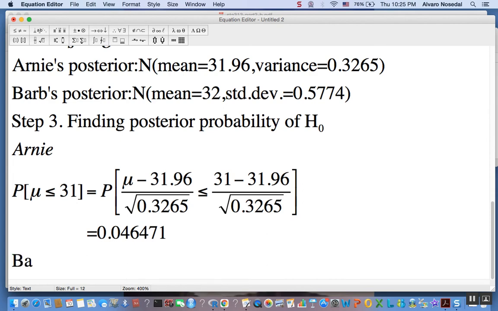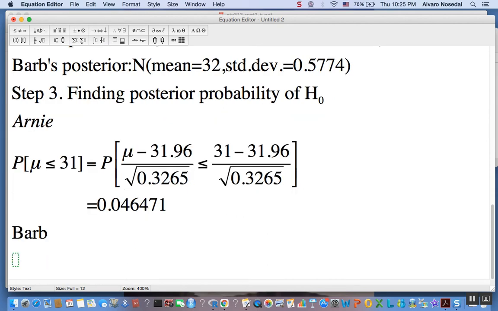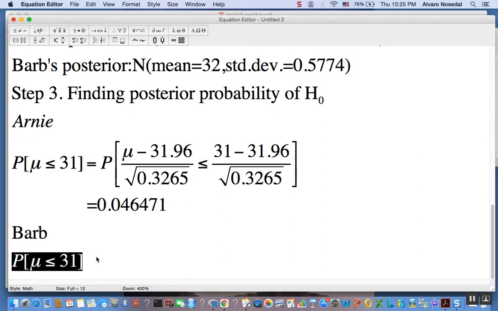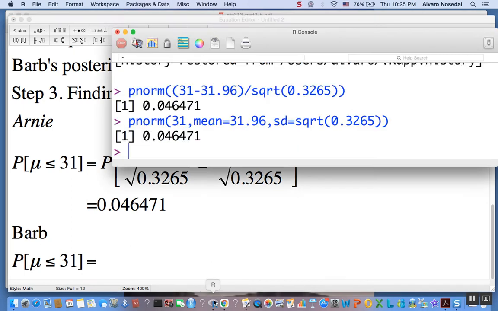Let's do the same for Barb. Let's find the probability that mu is less than or equal to 31, but in that case what we need is a different normal. She used a flat prior, so she ended up with a different posterior. So let's just repeat this. So p norm, we want the area to the left of 31.